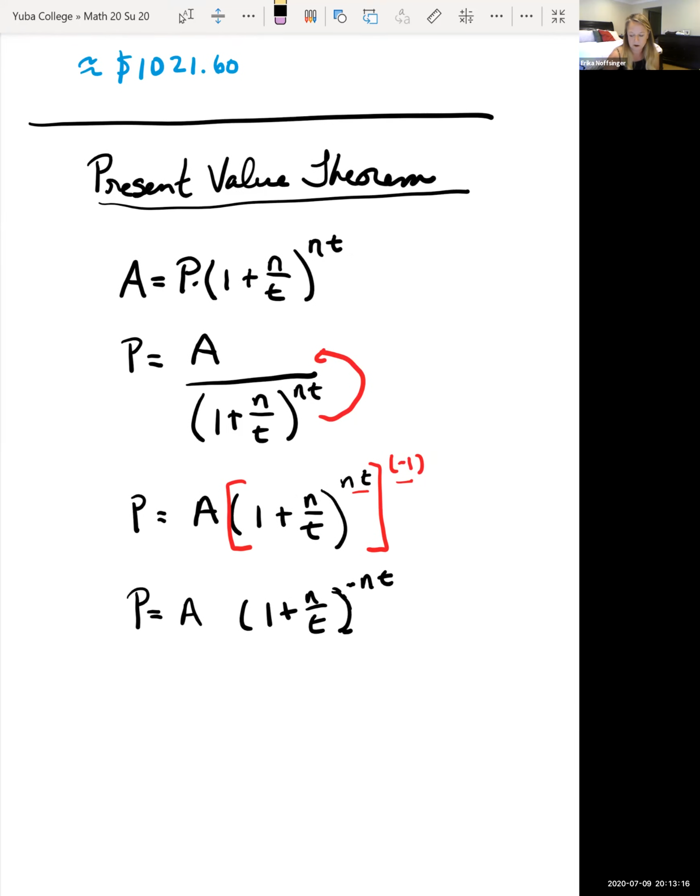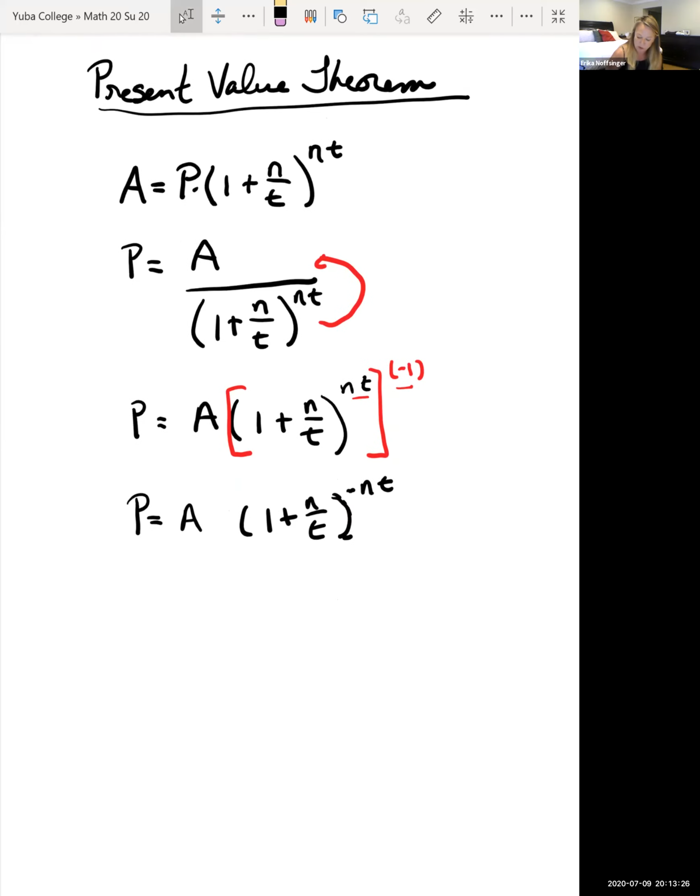So this is for compounding n times a year. You can do the same sort of idea for compounding continuously. So remember, we found that our amount after a certain amount of time that we have invested or borrowed, compounding continuously, was P e to the RT.